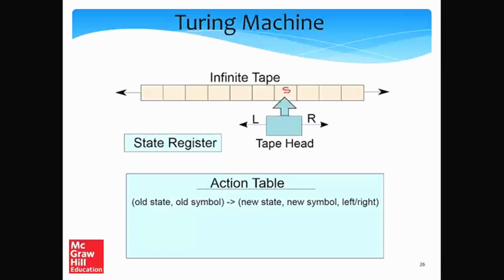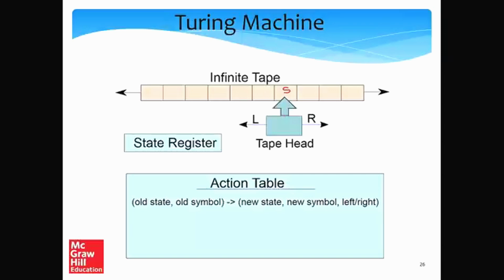A symbol can be a letter, a number, you can define anything. A symbol is basically an element of a certain set, where the set can be the set of letters, set of numbers, set of words. It doesn't really matter. So every cell contains a symbol, and the tape is infinite, so the tape extends in both directions infinitely.